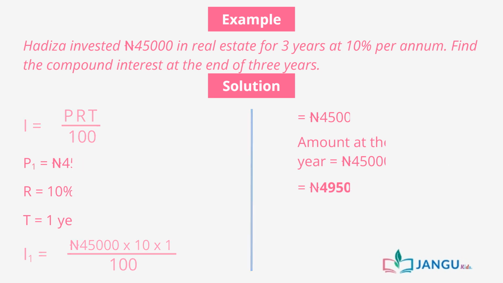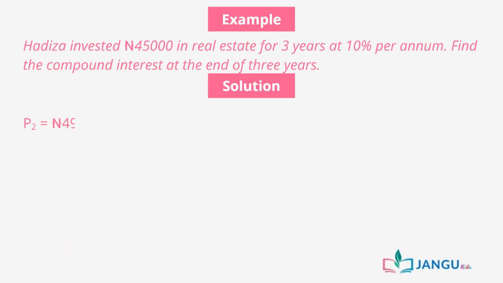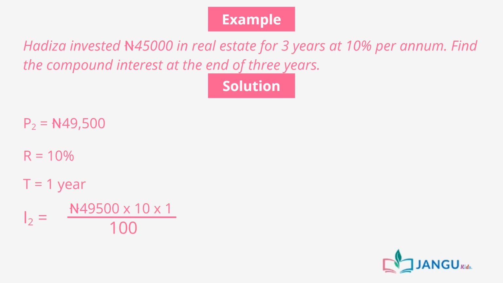49,500 naira. The principal for the second year is now 49,500. Rate and time remain the same. 49,500 times 10 times 1 all over 100, 0 cancels 0, 0 cancels 0, 495 times 10 times 1 is equal to 4,950 naira.